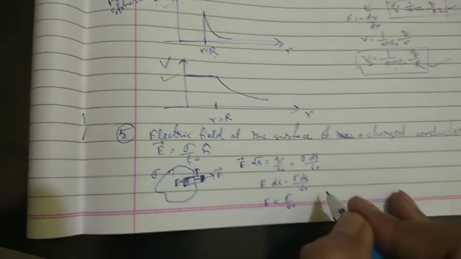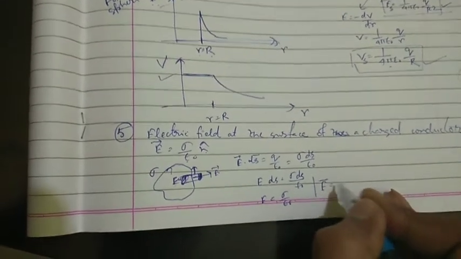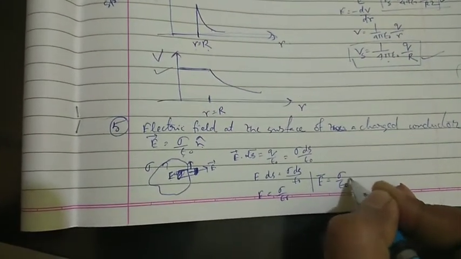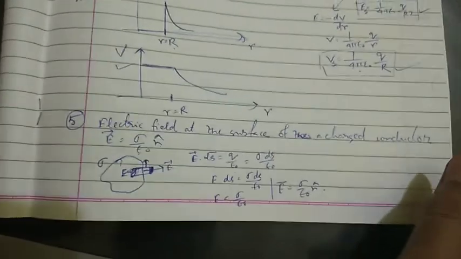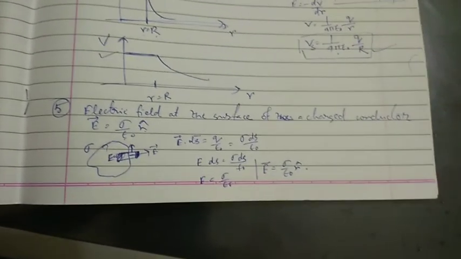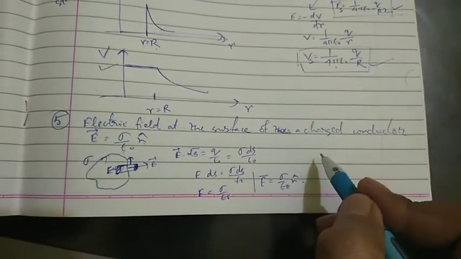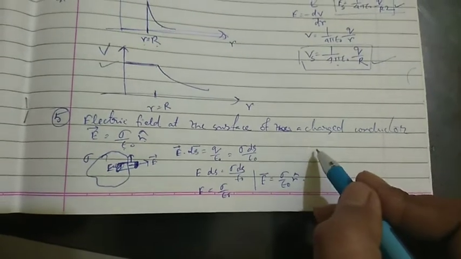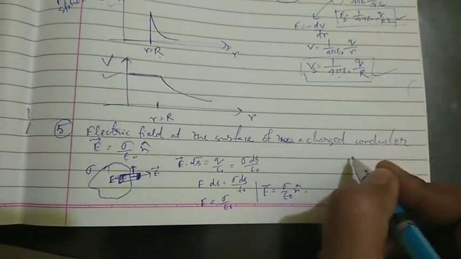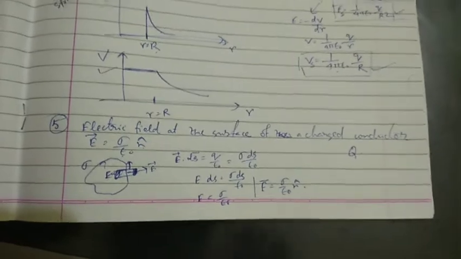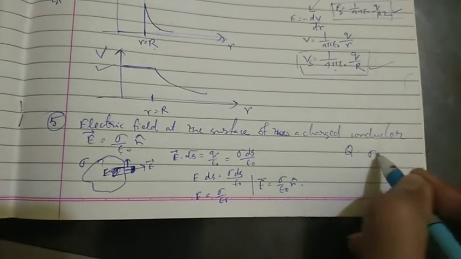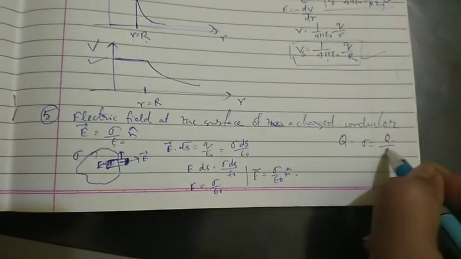If we write it in vector form, E equals sigma by epsilon naught n cap. Now we can easily find the electric field at the surface of a sphere using this. Suppose the sphere has a charge q, so the surface charge density will be q by 4 pi r square.